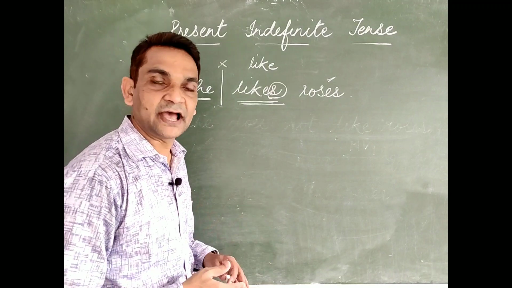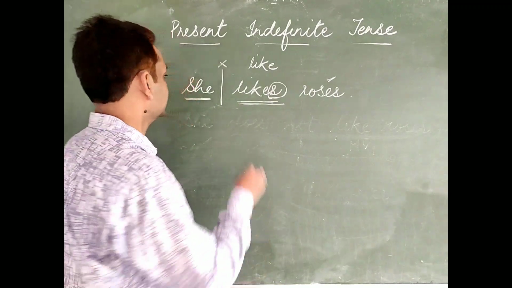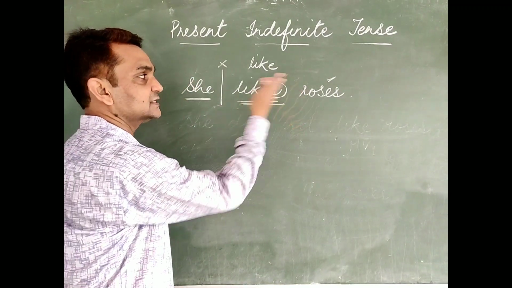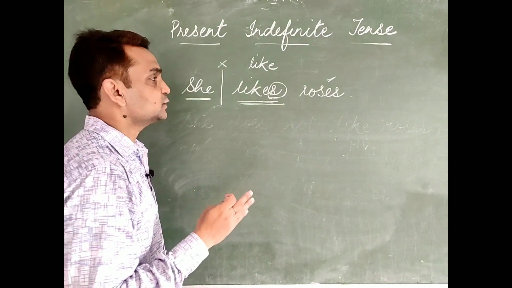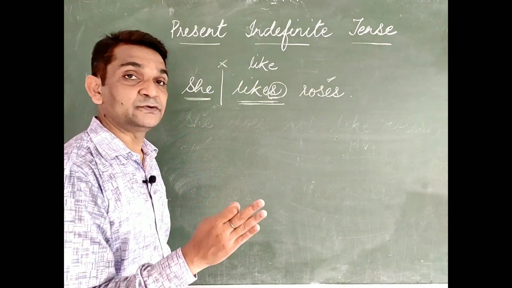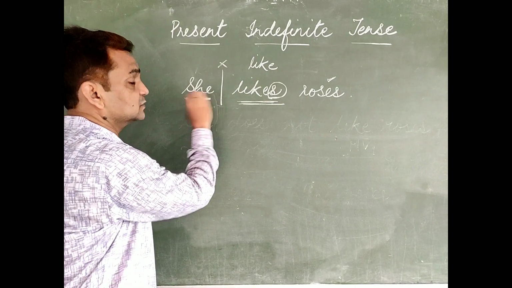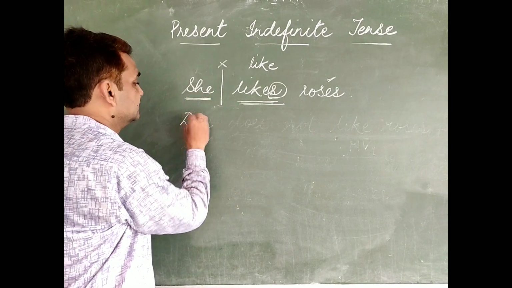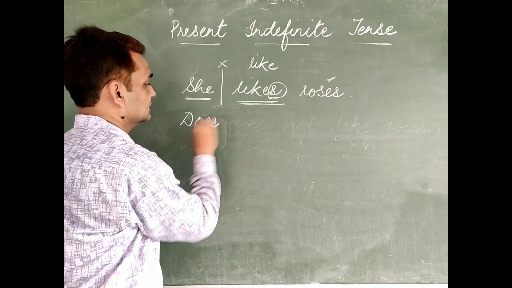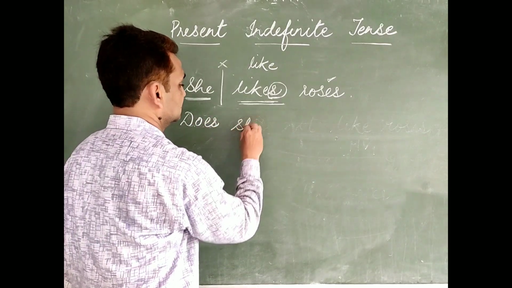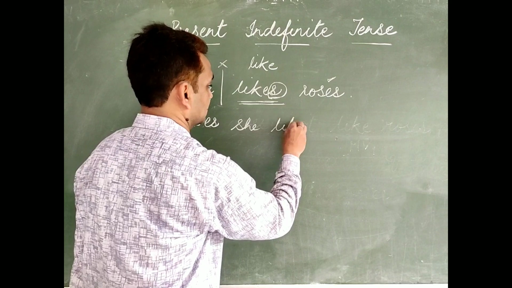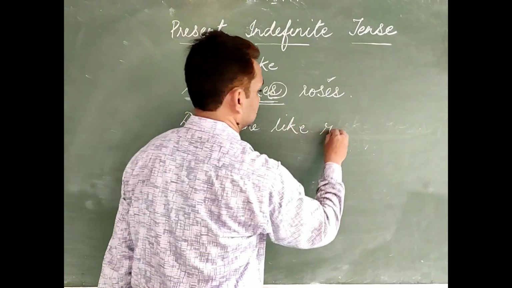Now the same thing will happen with an interrogative sentence. Suppose that I ask you to change this sentence into interrogative. So you will have to use do or does. Now since this is singular subject, we will begin with does. Does she like roses?